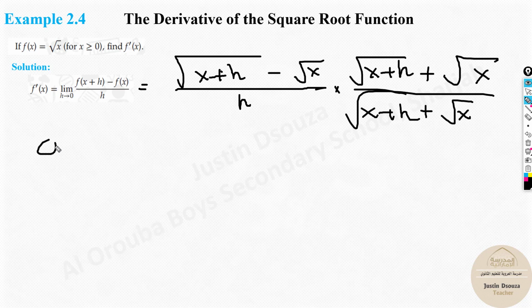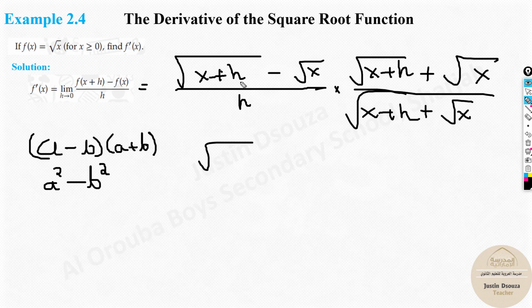Now, you know there is an identity: (a minus b)(a plus b) equals a squared minus b squared. So the same thing over here. The top term is a, the same term, minus and plus, same term, same term.